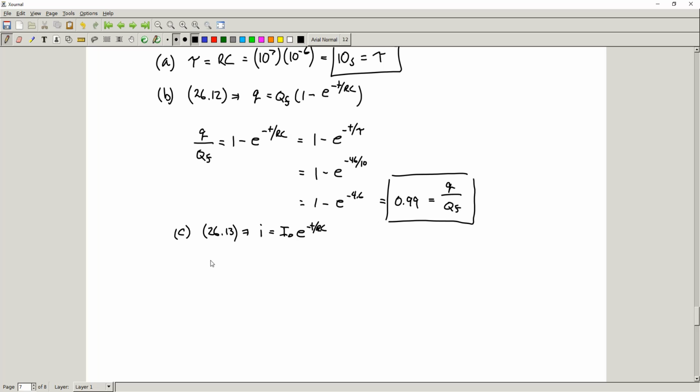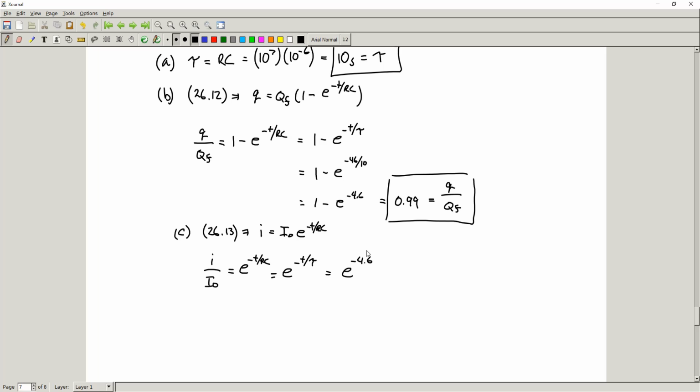So we're really looking for I over I naught. And that's just going to be equal to e to the minus t over RC. But we can write this as e to the minus t over tau. And we have these numbers worked out, right? So this is just going to be equal to e to the minus 4.6, the same thing we had above.